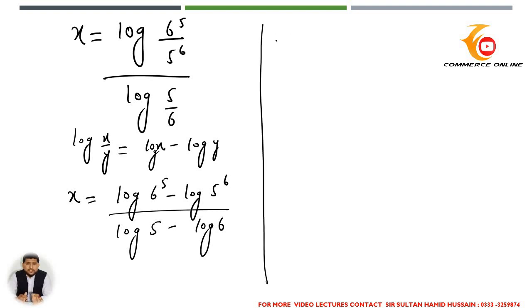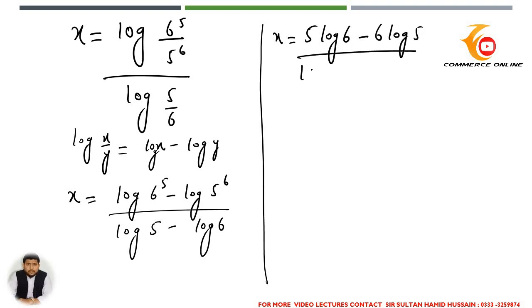So by applying log, we will get x is equal to 5 log 6 minus 6 log 5 divided by log 5 minus log 6. So here this is our answer.